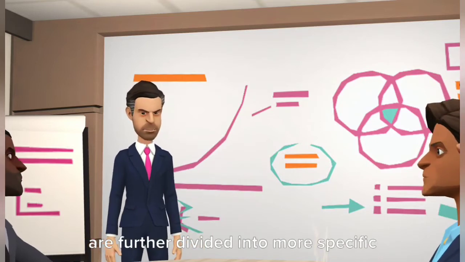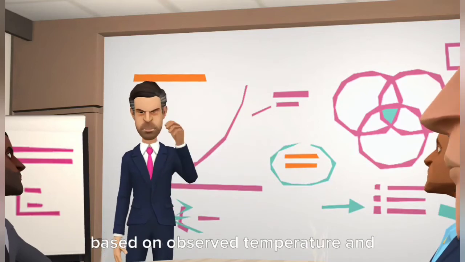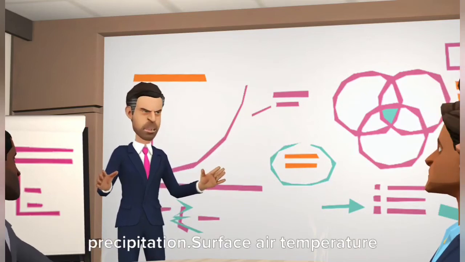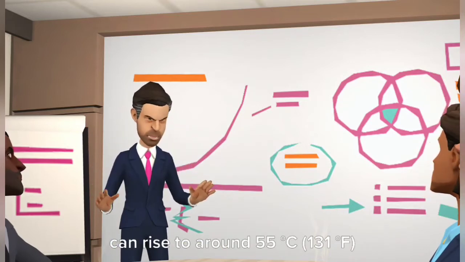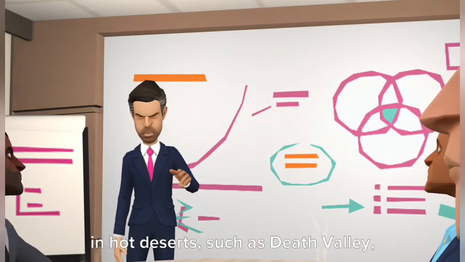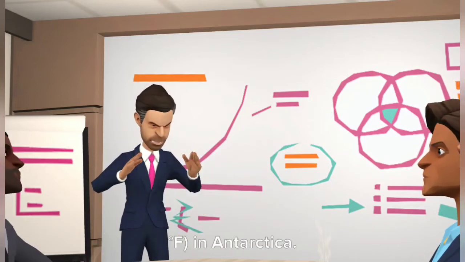The Köppen system rates regions based on observed temperature and precipitation. Surface air temperature can rise to around 55 degrees Celsius, 131 degrees Fahrenheit, in hot deserts, such as Death Valley, and can fall as low as minus 89 degrees Celsius, 128 degrees Fahrenheit, in Antarctica.